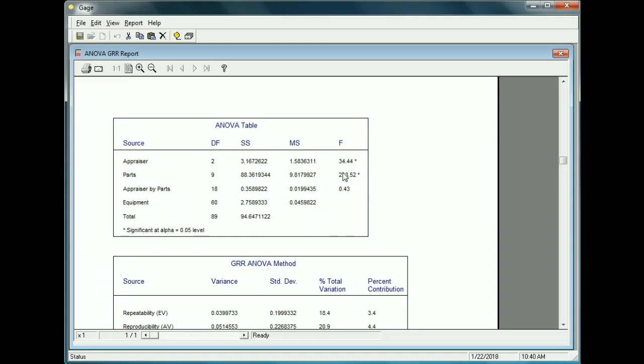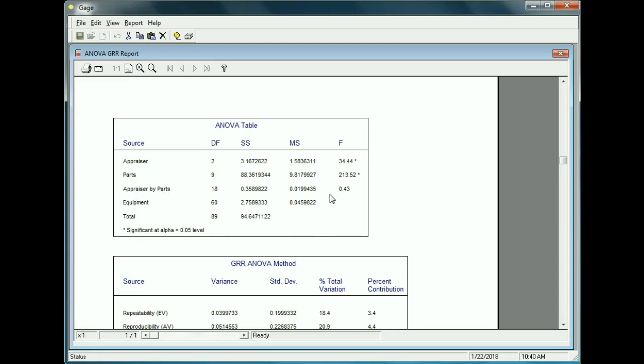So these two components are very important sources of variation at the 5% level of statistical significance. The appraiser by parts, in other words, the interaction between people and the parts that they're measuring, is a small F ratio.